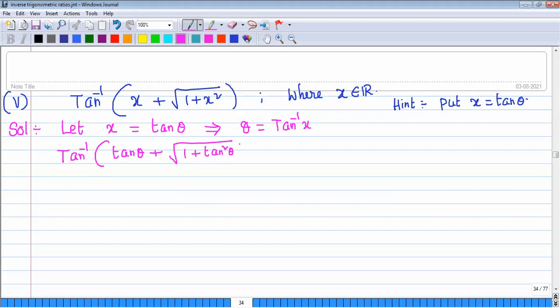What is 1 plus tan square theta? Secant theta. So we have tan theta plus root of 1 plus tan square theta, which is secant theta.